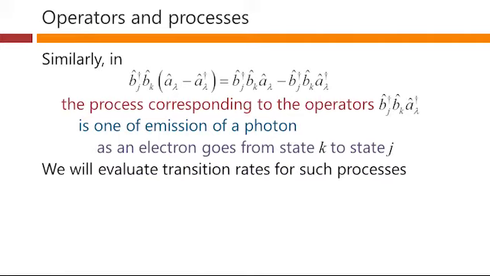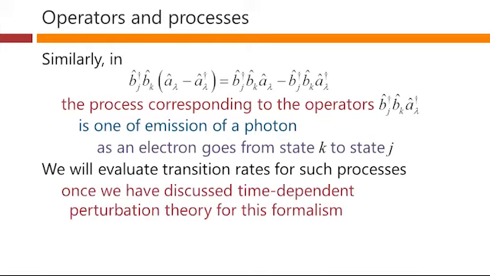We are going to evaluate transition rates for such processes once we've discussed time-dependent perturbation theory for this formalism. The time-dependent perturbation theory we derived before remains valid as we change the way we write the Hamiltonian and the states. When we derived that theory, we wrote it down using the Dirac notation, which is quite general for linear operators and states. So we can simply reuse the previous results here.